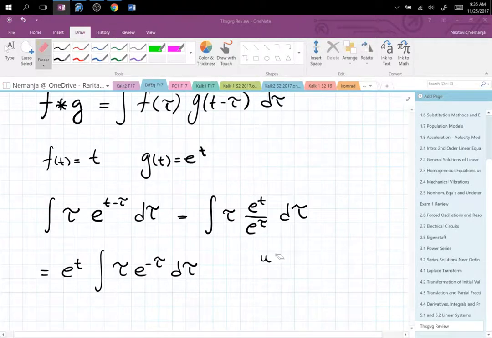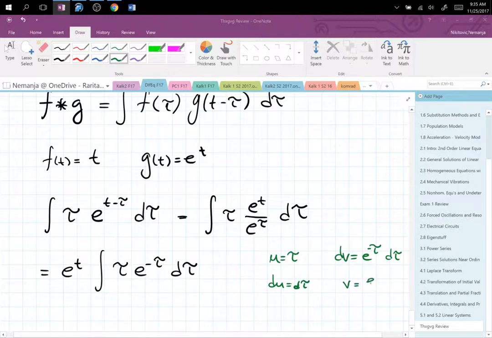So u equals tau, dv equals e to the negative tau d tau, du equals d tau, and v equals e to the negative tau over negative 1.